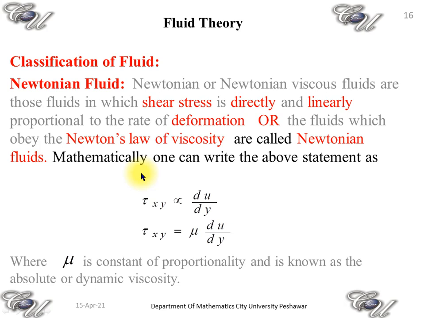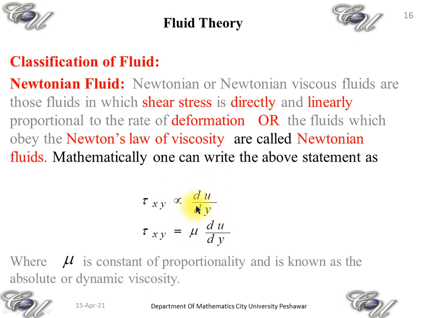So what is actually Newton's law of viscosity? We will derive this relation. It is nothing but the mathematical statement of the theoretical statement that the shear stresses are directly proportional to the deformation.